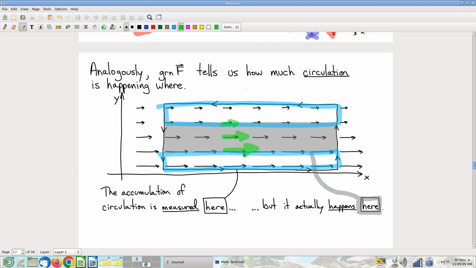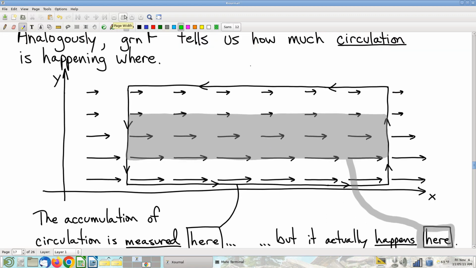Right? And let's think about what's happening to leaves as they go through here. If you had a leaf right here, that leaf would be moving, but it wouldn't be rotating. It's being pushed the same amount on both sides.